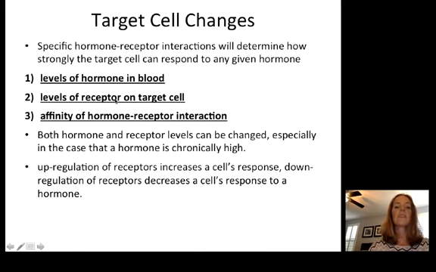The level of receptors that are on the target cell can increase hormone activity. And how strongly the hormone receptors bind to each other, or the affinity of this interaction: the more strongly the hormone binds, the longer it will be bound, and the more likely it will be to bind, the stronger the hormone action.